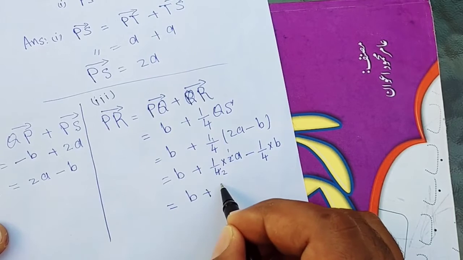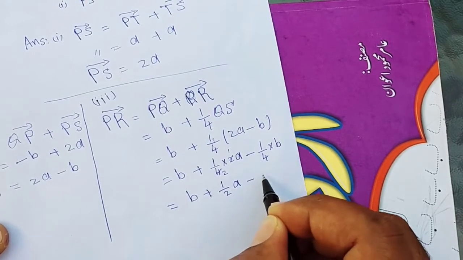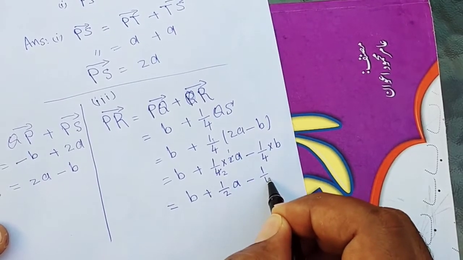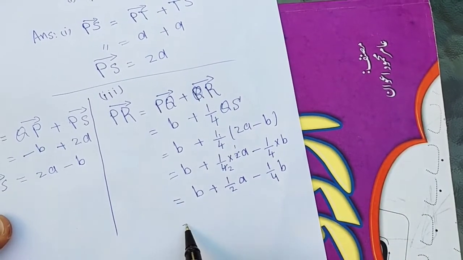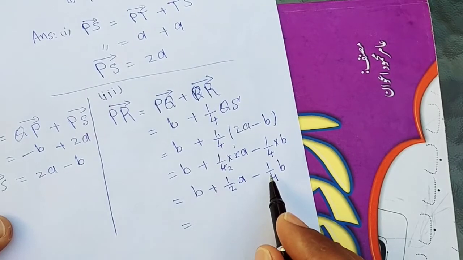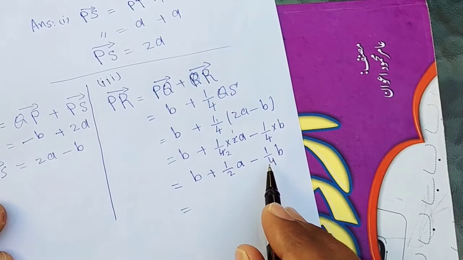So 1 multiply 1, 1 over 2A minus B, 1s are B, or 1/4 B. So this is 1B. 1B minus 1/4 means quarter. 1 minus quarter.